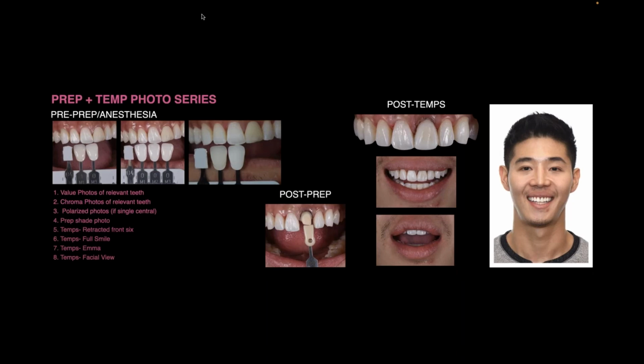You want those photos taken as early in the appointment as possible. The longer the patient sits there with their mouth open, the more dehydrated they get. And the minute the patient's anesthetized, that slows the blood supply down to the tooth, and the patient also becomes very dehydrated. So you want to make sure you're managing the time that you're doing that.